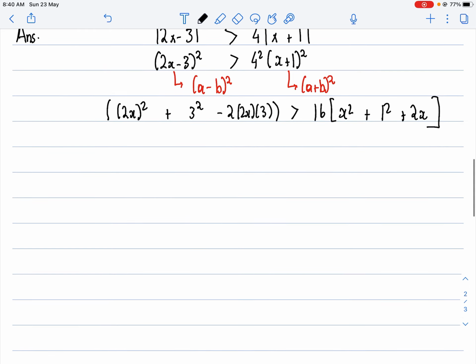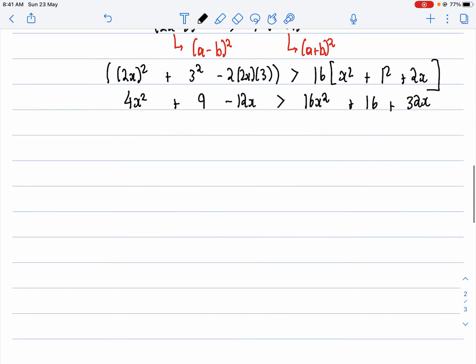Now I can write this as 4x square plus 9 minus 12x, which is more than 16x square plus 16 plus 16 into 2, which is 32.